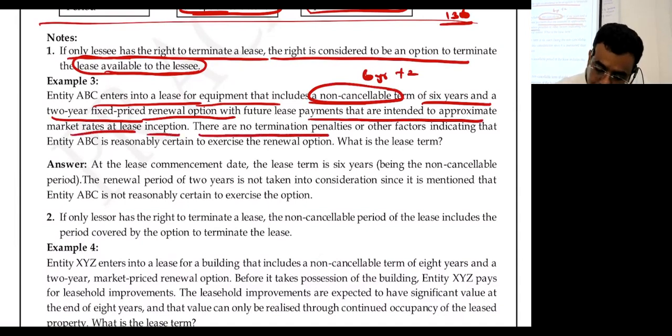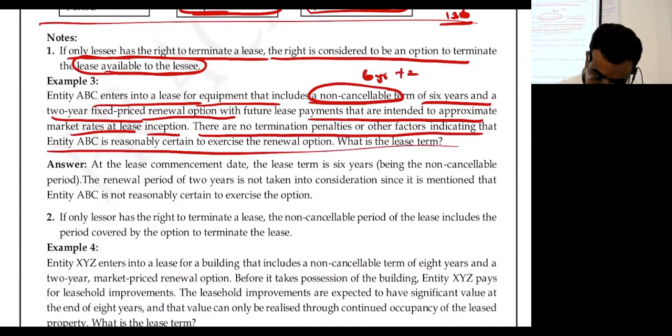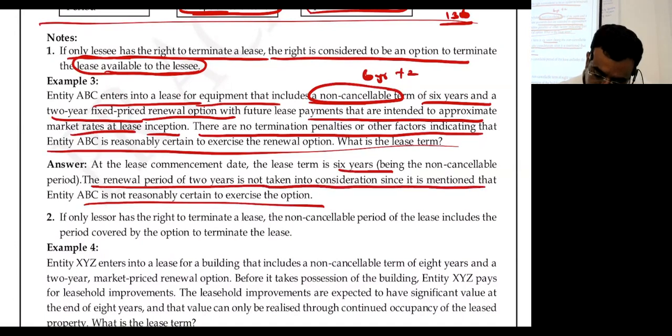There is no termination penalty or other factors including the ABCD limited. Whatever may be, எவ்வளவு நாள் எடுத்துக்கணும்? 8 years எடுத்துக்கணுமா? 6 years. The renewal period of 2 years is not taken into consideration since it is not mentioned that entity ABC is not reasonably certain to exercise.